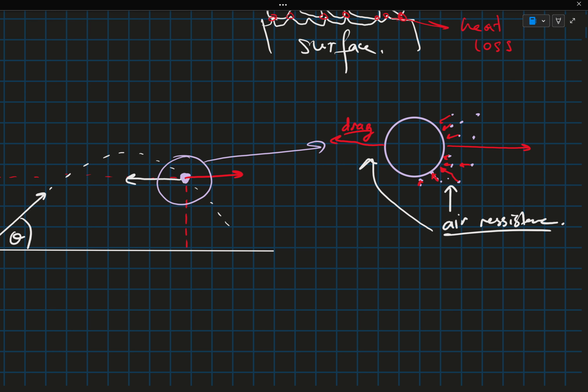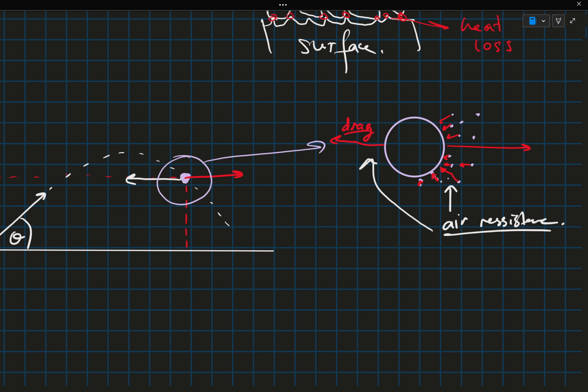So as the object moves through this fluid, the fluid will start to move around the object or move towards the surface of the object and bombard it. So you're going to have fluid moving around the object like that, which causes the full resistive force, the full drag, on this box.